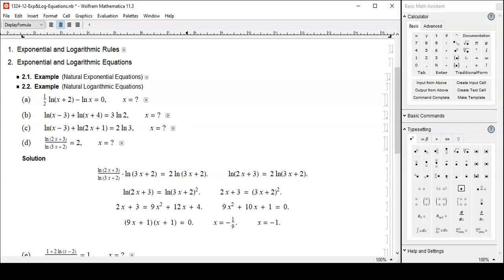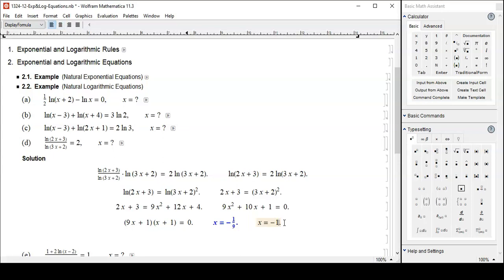Let's see, do they work? Plug in x equals negative 1/9 here. Negative 2/9 plus 3 looks like it is positive, so this one is okay. This is legitimate.